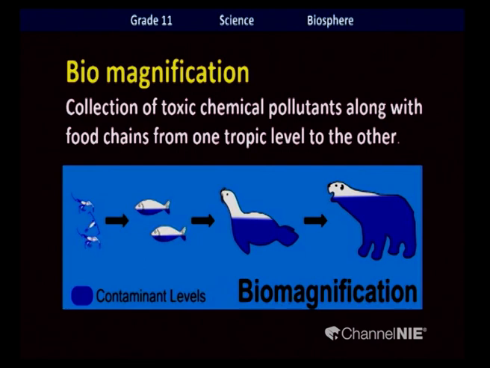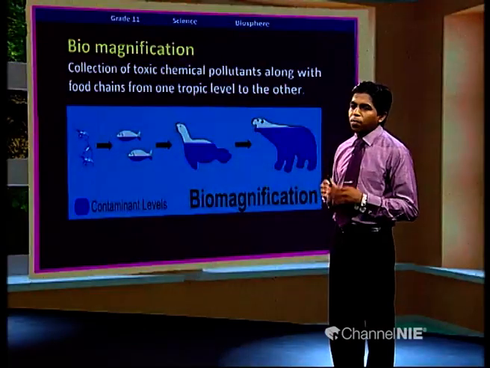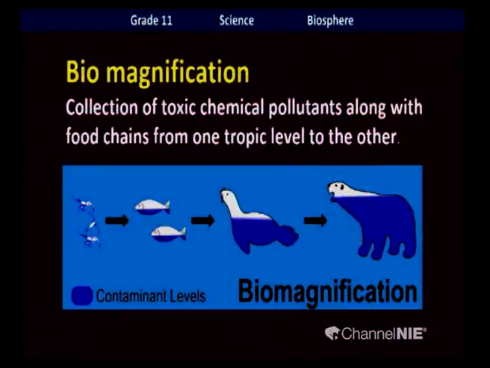So at the last level, the higher trophic level, there will be more pollutant or more toxic chemical. Therefore, in a food chain, organisms in the higher trophic level or top carnivores have a higher level of toxic chemical per unit mass. Therefore, when you eat meat items, you get more toxic chemicals into your body. You can see in the sea lion, the third link, the contaminant level is indicated by this blue color.